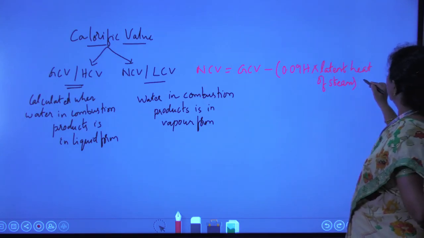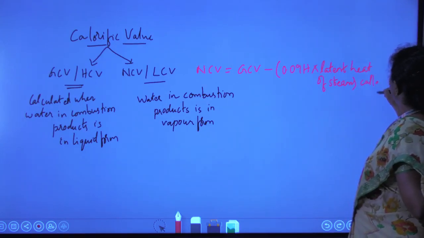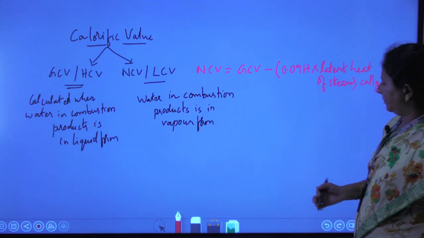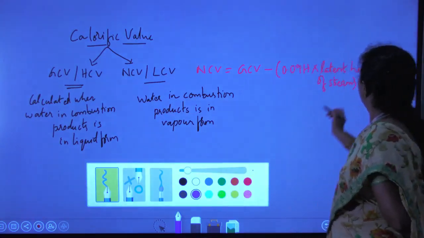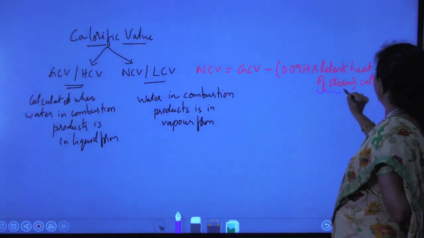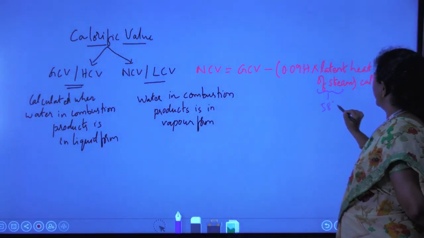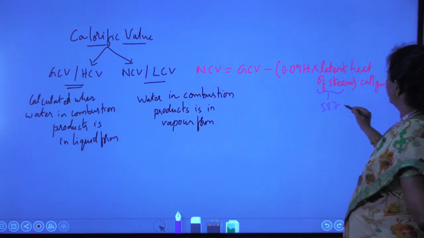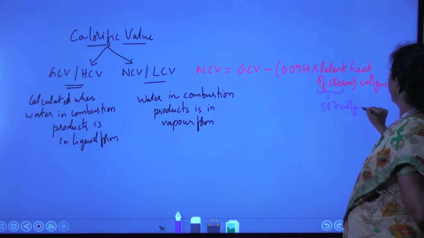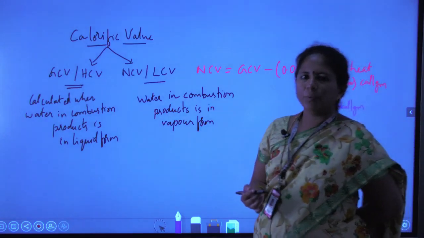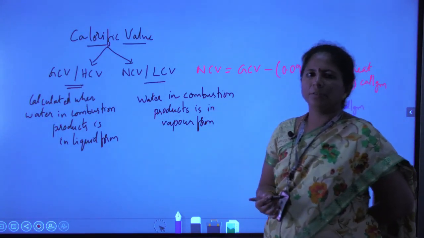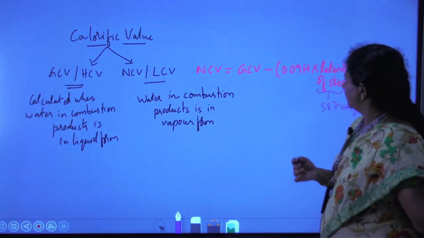Unit may be calorie per gram or kilocalorie per gram. And this latent heat of steam value is 587 calorie per gram. After that we have discussed the calorific value calculation using Dulong formula.